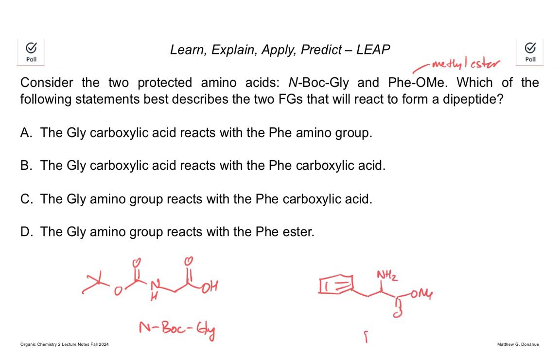And this is Phe-OME. So we see that the phenylalanine has the amine free, and then the N-BOC glycine has the acid free. So the sequence we would get then is N-BOC gly, Phe-OME. So that would say that A is the correct answer.